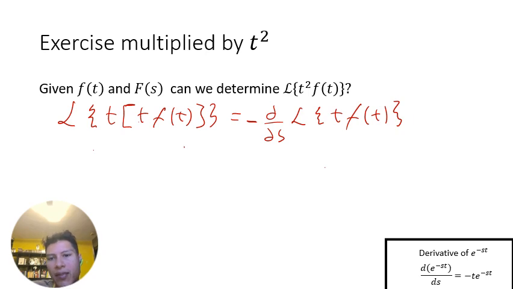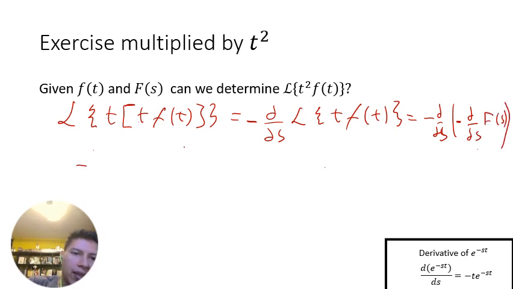That's what we just derived in the previous slide. And then we can apply this property again to get that this is negative d ds times negative d ds F of s. So we're going to get that this is actually d ds squared of F of s.